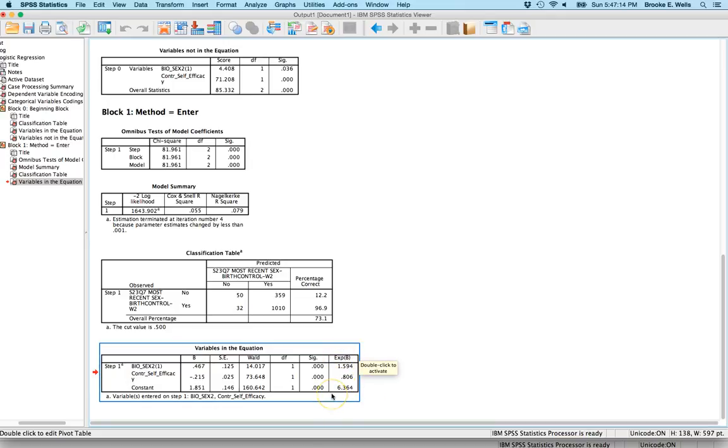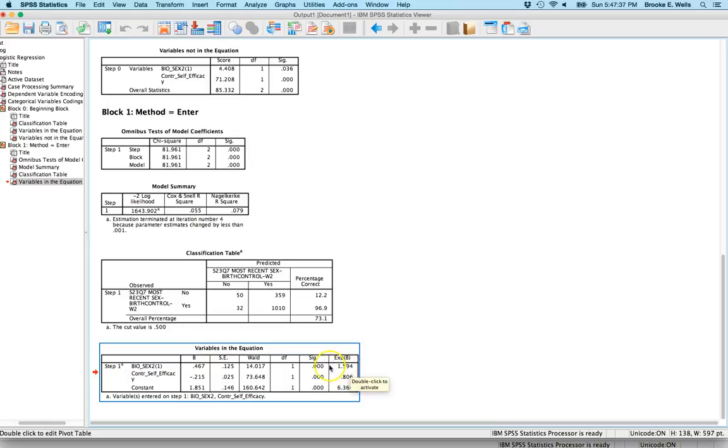And so I'll show you a couple things. First, let's talk about the biological sex variable. So this is comparing males to females. And so what this is telling us is that males are 1.59 times more likely to use contraception than females.